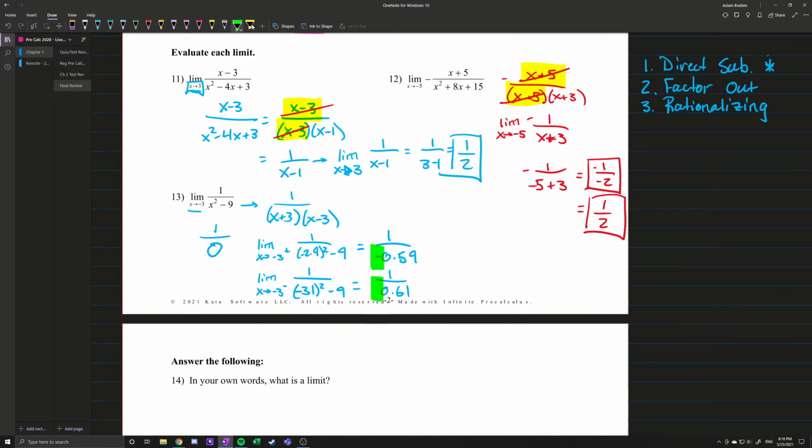And because those signs are different, we know the behavior is different, so this limit does not exist. Okay, so that's the harder way. The easier way, which I'll bring up Desmos here in a second, is to look at the behavior of the graph and see what happens at -3.